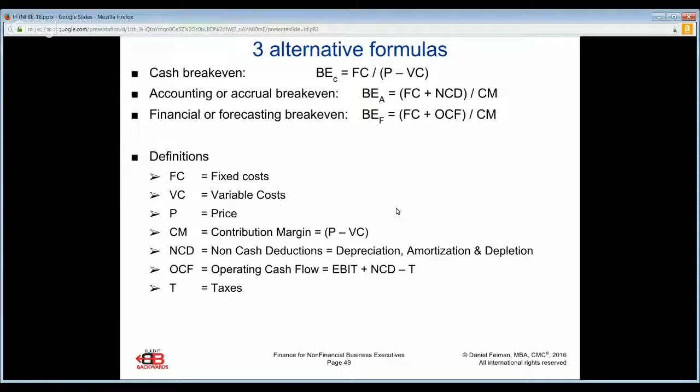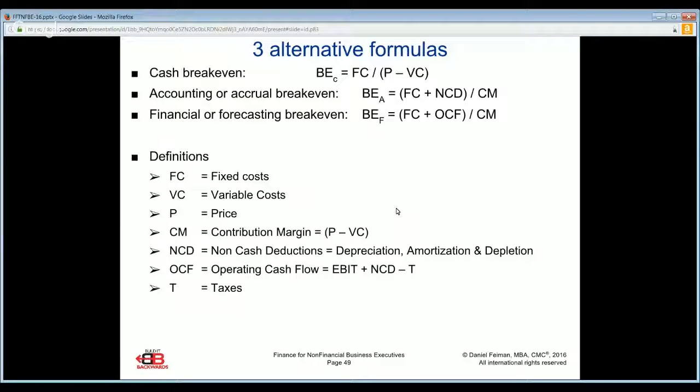So our numerator is expanded. Effectively, it's the same denominator. So an accounting break-even, as you'll see in just a moment, is always going to be a higher number of units than the cash break-even. So cash break-even is the baseline. Accounting or accrual break-even is what most of us are actually going to use as a tool.